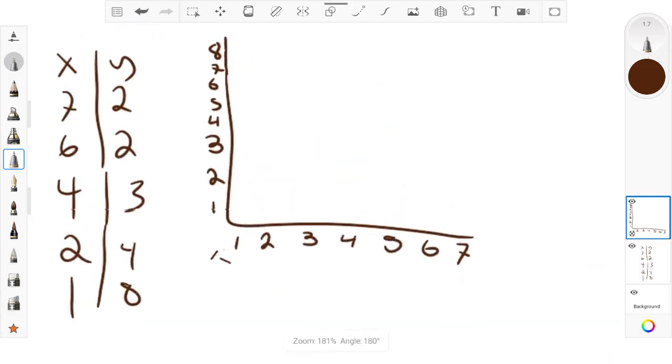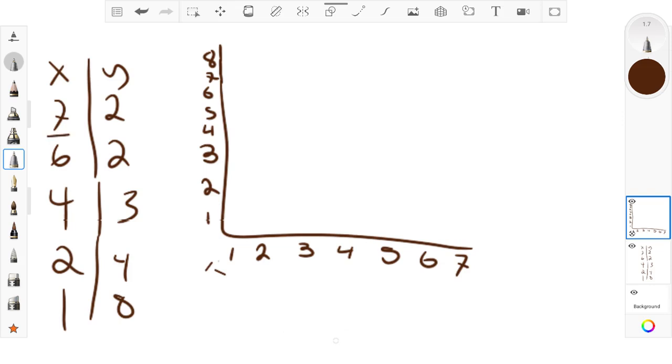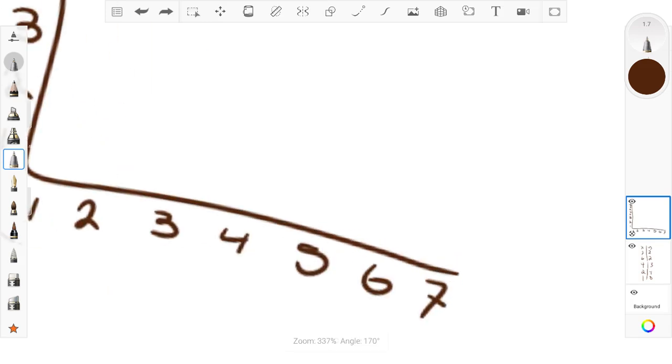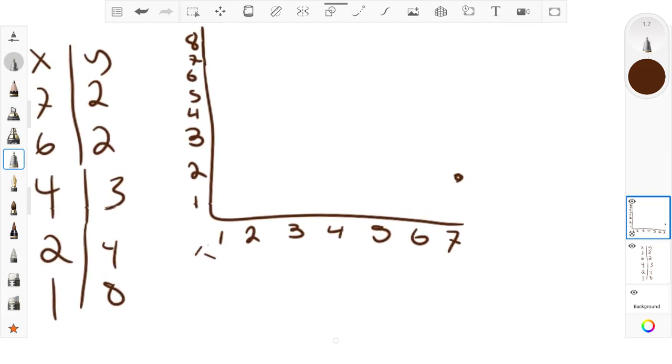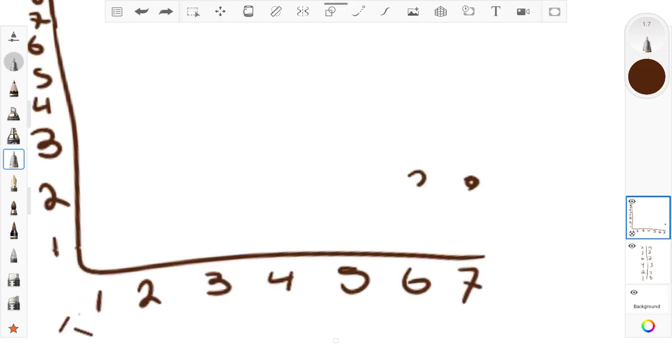And then we'll actually draw the scatter plot on. So for x 7, y 2, we go over to 7 and then up 2. For x 6, y 2, we go over to 6 and up 2.